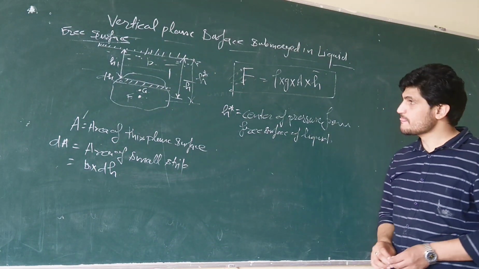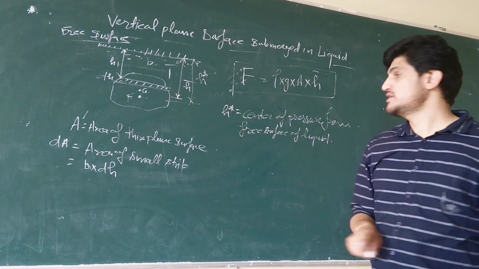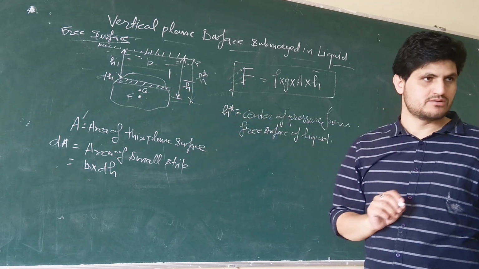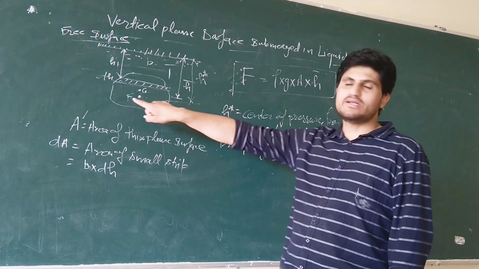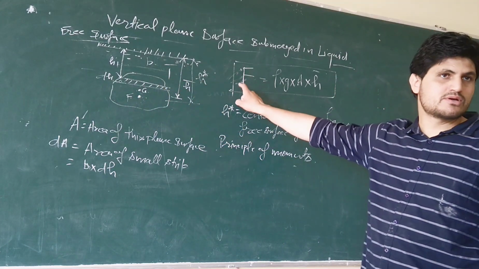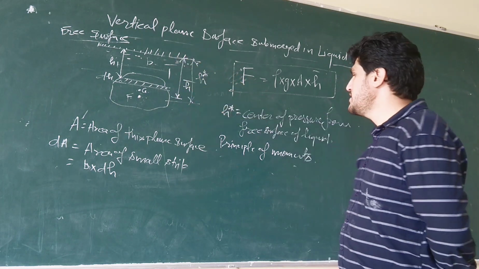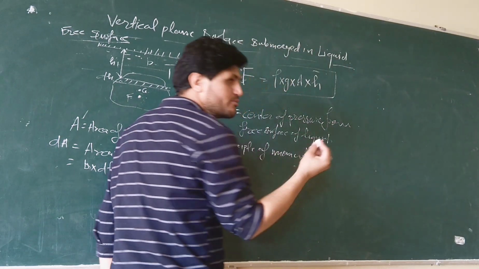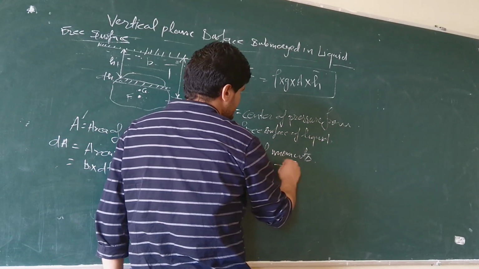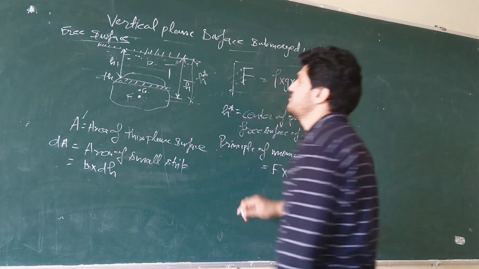Now this is calculated by using the principle of moments. The moment which is produced by your resultant force, that is this force, about the free surface of liquid, what will it be? It is force multiplied by the distance from the free surface.